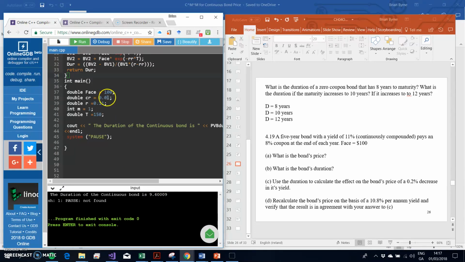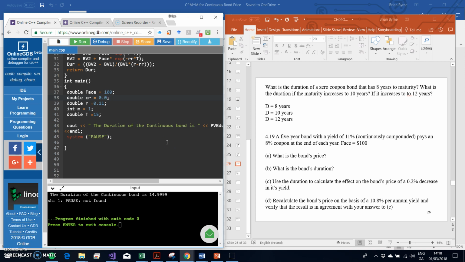And if we reduce the coupon to 0 and run this again, keeping in mind this is continuously compounded, unfortunately I put in 150, so let's put in 15 and run again, and this should be closer to 15 here. Okay, so 14.999, keeping in mind that this is also an estimate or approximation to duration.